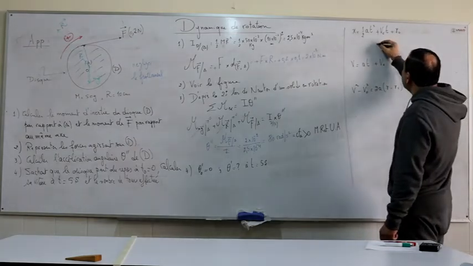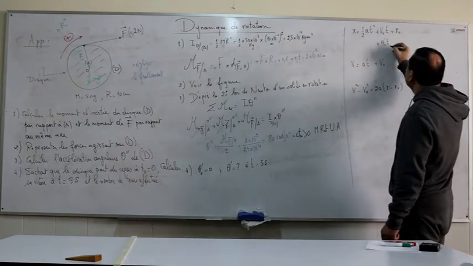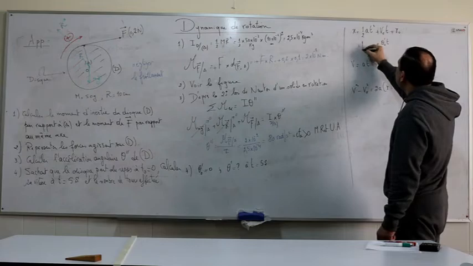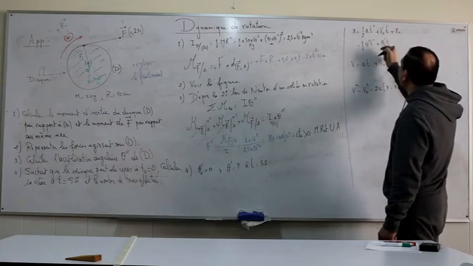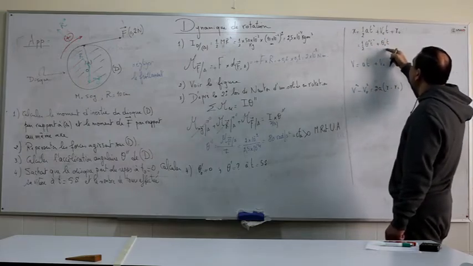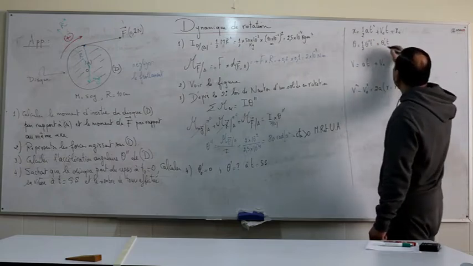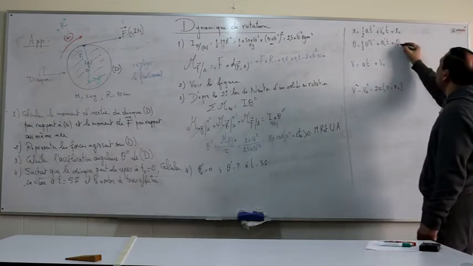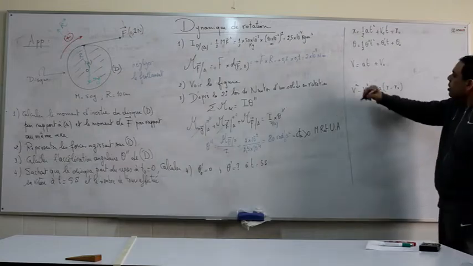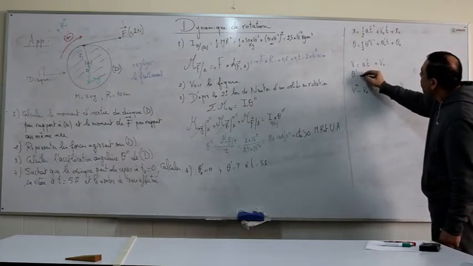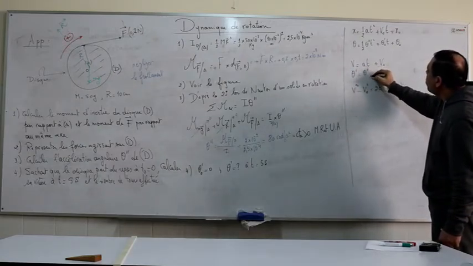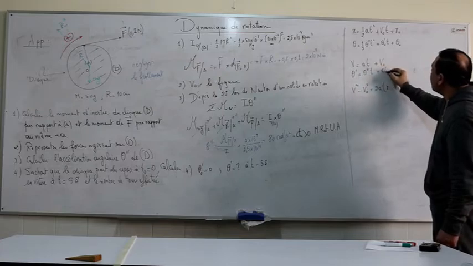Now by analogy, the speed is theta prime, the acceleration is theta double prime, the angular abscissa is theta. And for this one, theta prime equals theta double prime t plus theta prime 0.